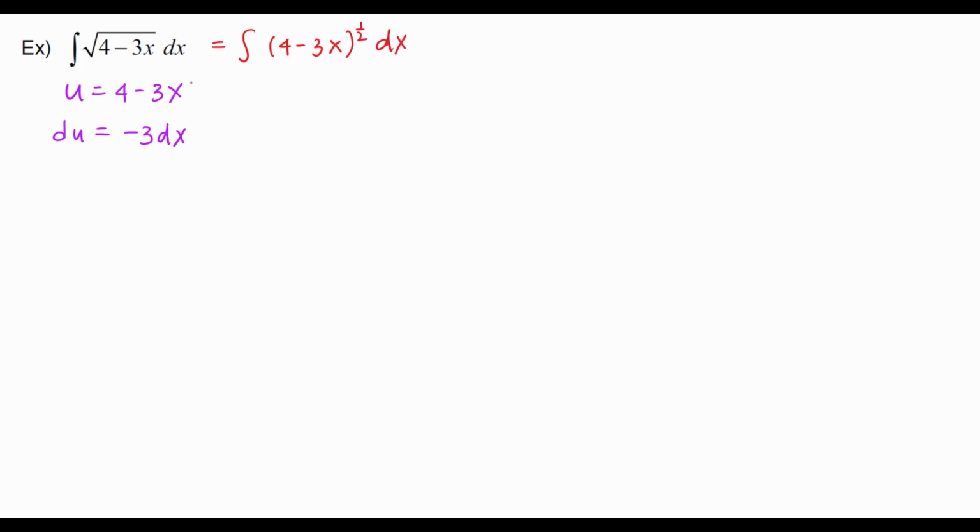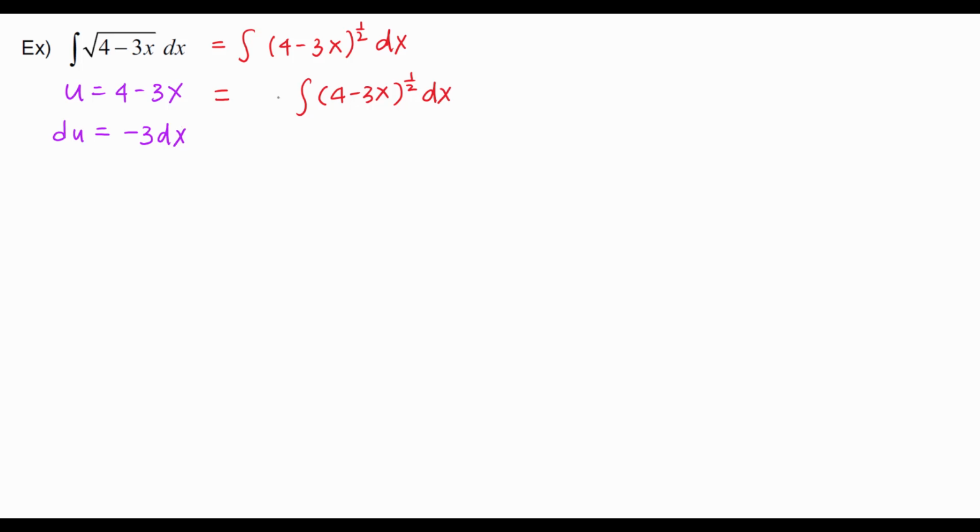And again, you can switch 4 minus 3x to u to the 1/2 power, but now the problem is I need negative 3 dx to replace by du, but I'm missing negative 3 here. So you're going to need to multiply by quantity 1 without changing the original problem.